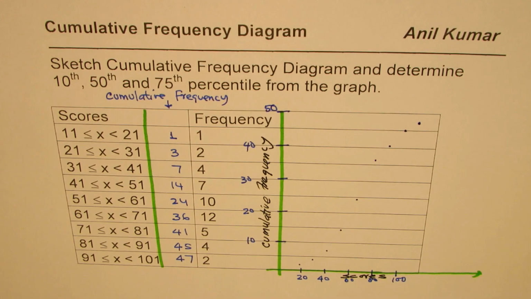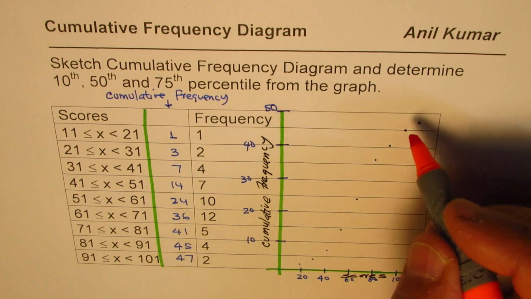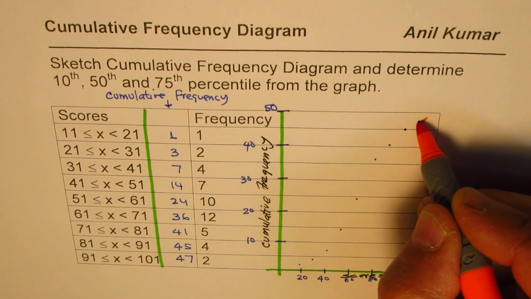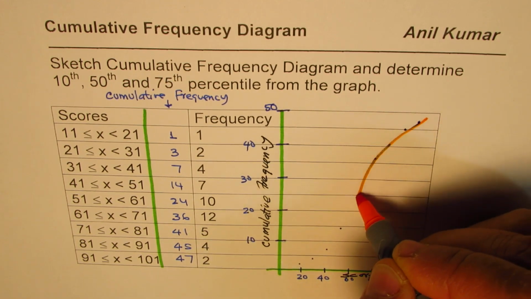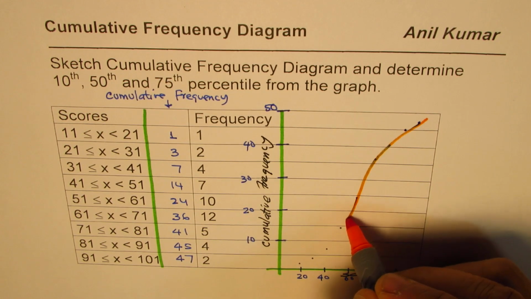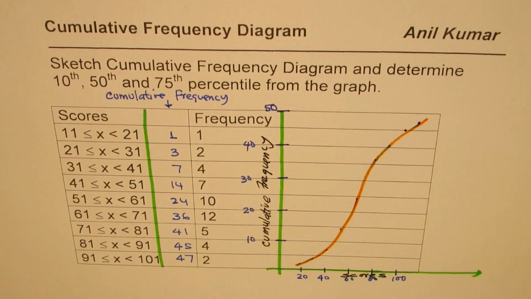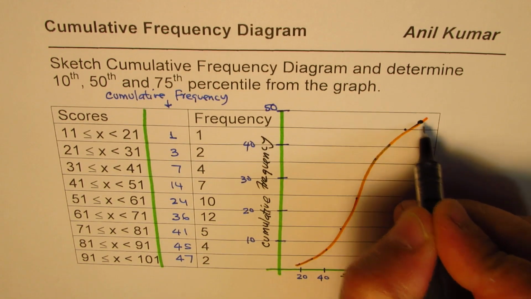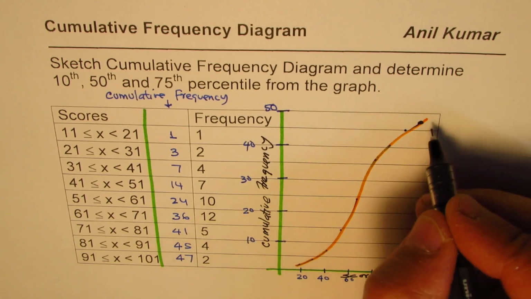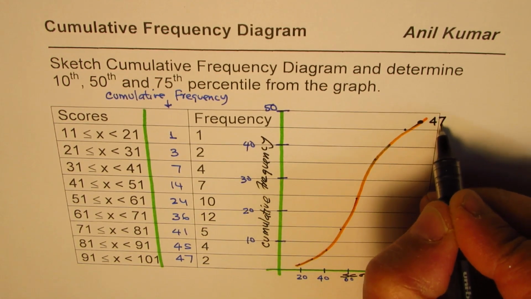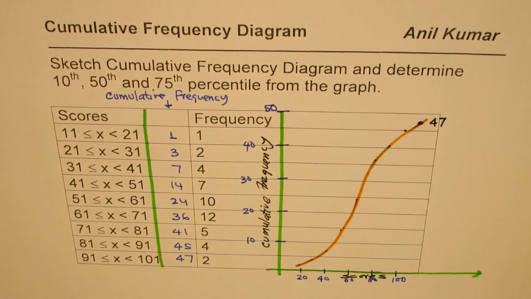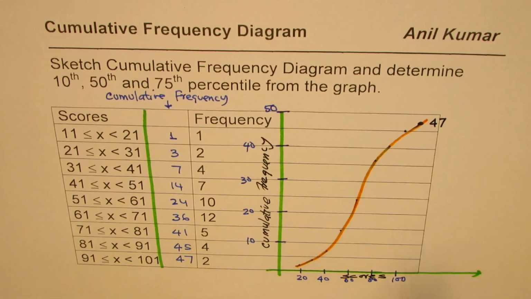So that gives us a plot. So what I'm going to do here is connect these points. So we have a plot which is like this. Do you see that? With the points. So we get a plot here where the highest point here is at 47. Correct.